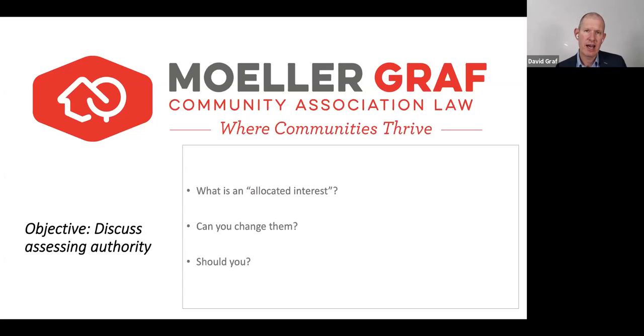We always want to have good data, and we want the documents to reflect as much as they can of reality. The problem, I think, is that when we change the allocated interest, even to improve it in terms of accuracy, we have to remember that it's also unfair at the same time to the owners who bought in and relied upon paying a specific share of the assessments.